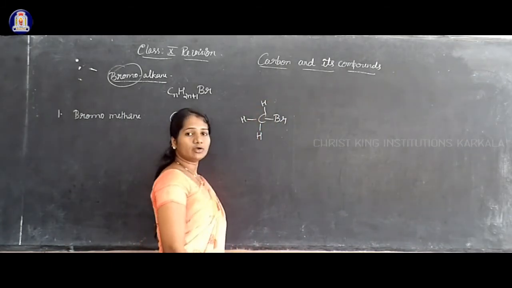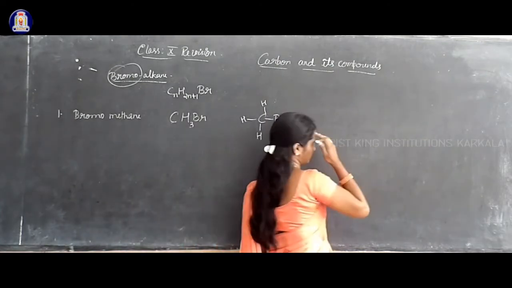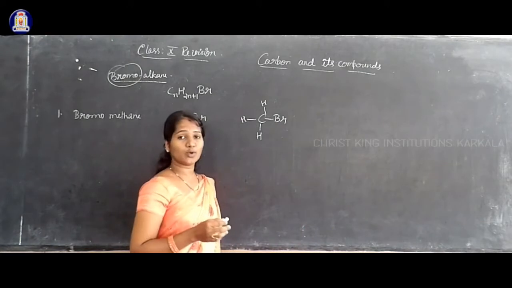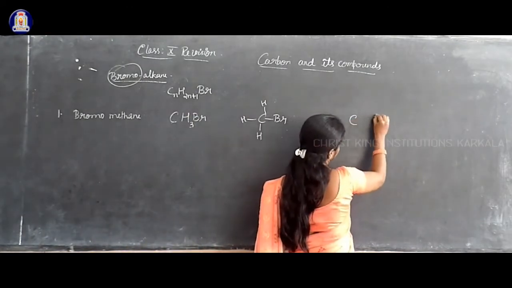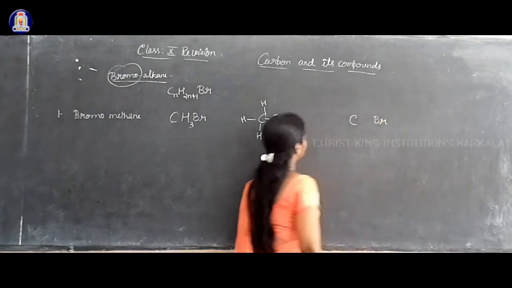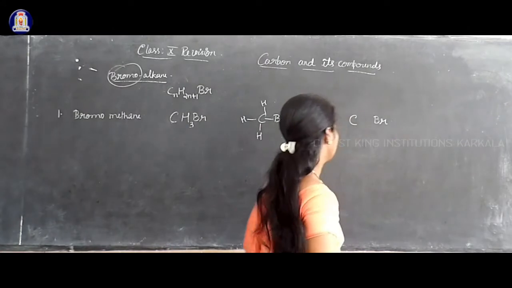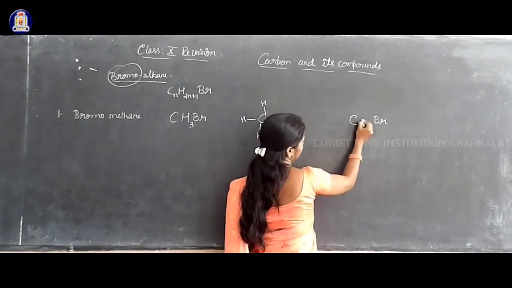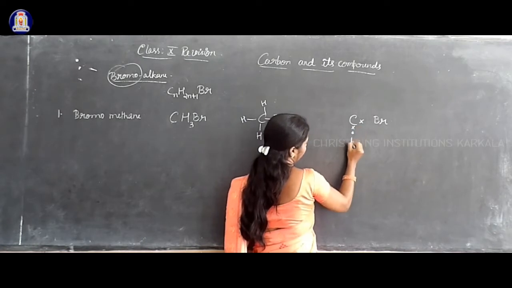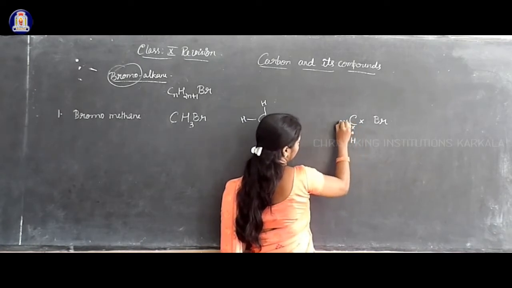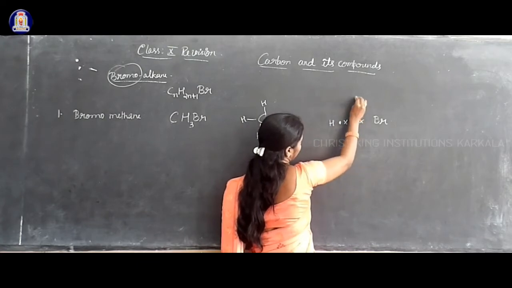We'll write the electron dot structure of bromomethane. It can be written as 1 carbon atom and this is Br, and you can see here everywhere single bonds. So that is dot, hydrogen, dot, hydrogen, dot, hydrogen.